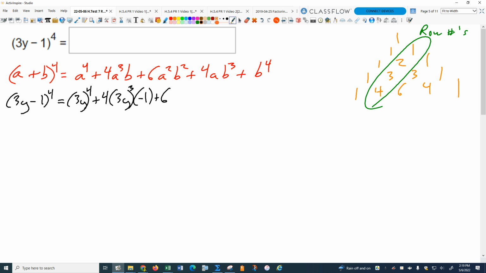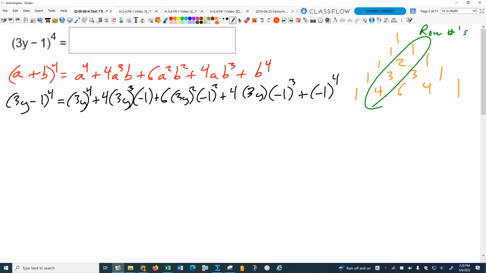Plus 6 times the quantity 3y squared times the quantity negative 1 squared, plus 4 times the quantity 3y times the quantity negative 1 cubed, plus the quantity negative 1 to the 4th.